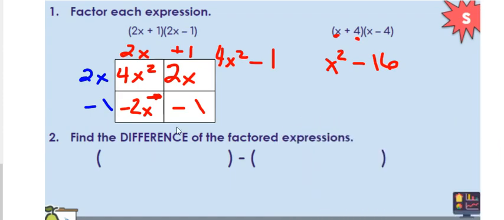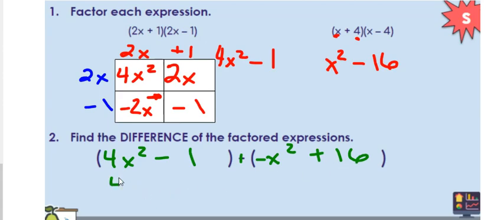So my next step is to find the difference. So I have my first, and then I have my second. Now here it's a little different because in finding the difference, I'm going to distribute this negative into all of my terms. So this is going to become plus -x squared plus 16.